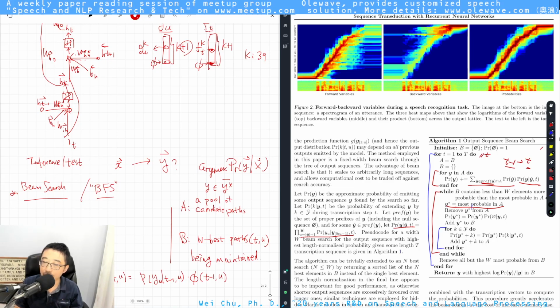So for any label in the set Y, it does not include the empty label. So you basically just do this. So remember, this is u, this is t minus 1 to t, and this is like going this way. This is t, this is u, probably u minus 1. Okay, this is u. Okay, this is this operation. Okay, clear?